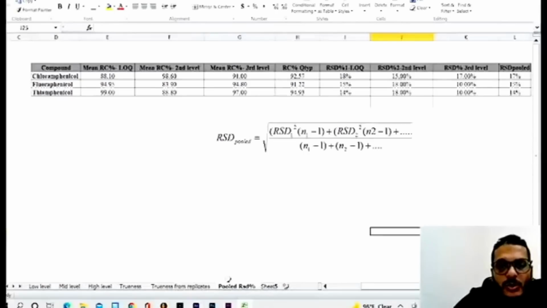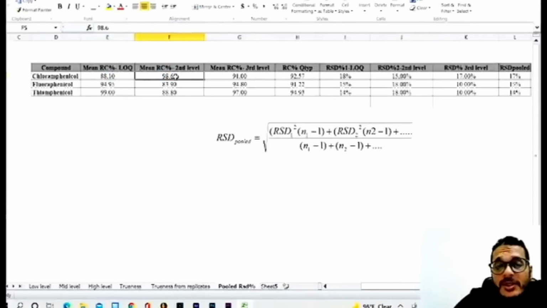I will calculate the pooled relative standard deviation, and also the recovery average, which is the average of recovery between all 3 levels. For chloramphenicol, I got 88% for the low level, 98%, mid level, 91%. So the average for all of them will be 92%.